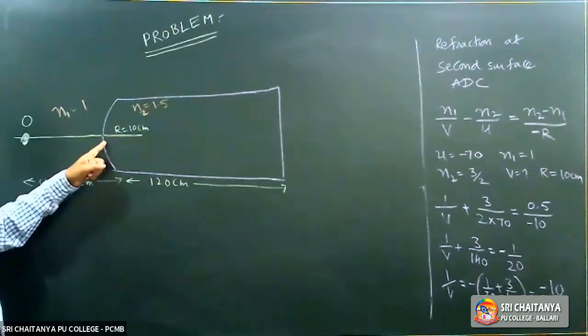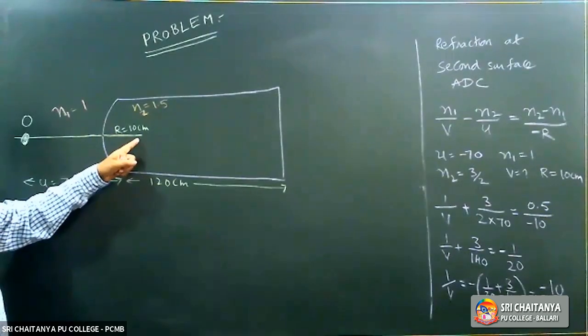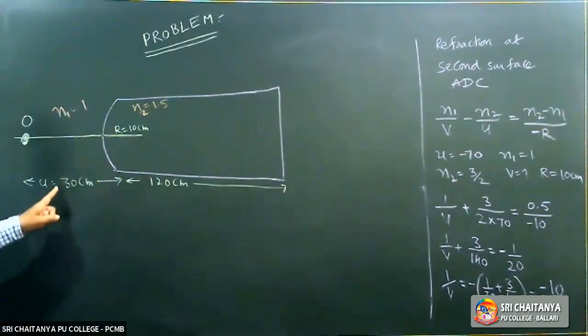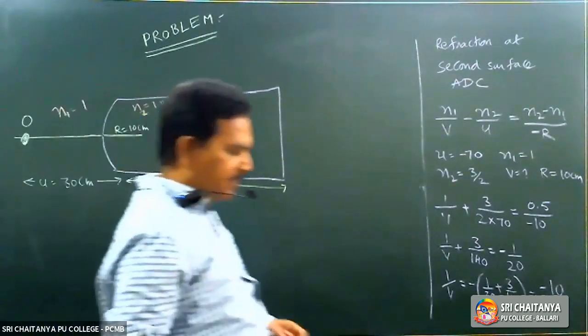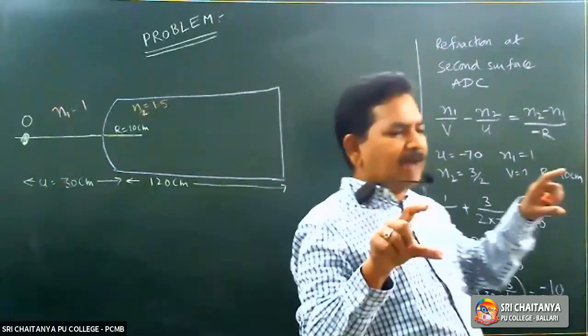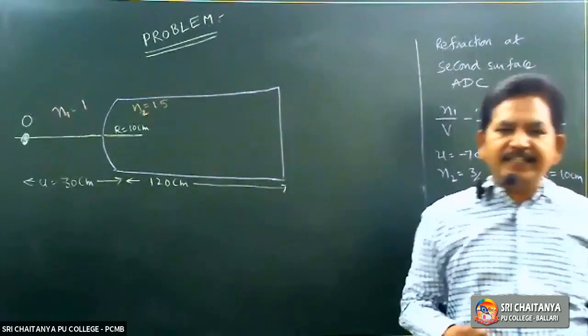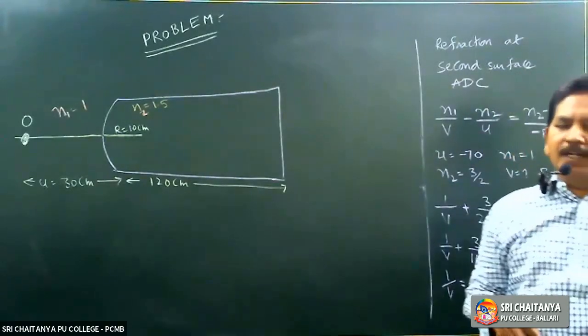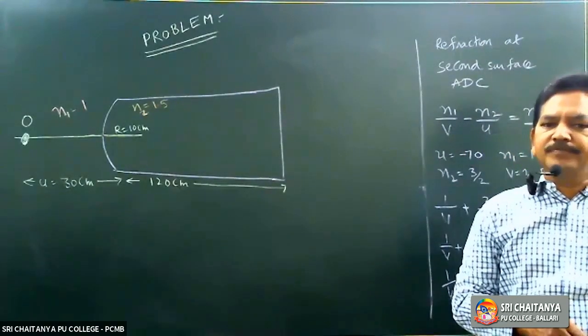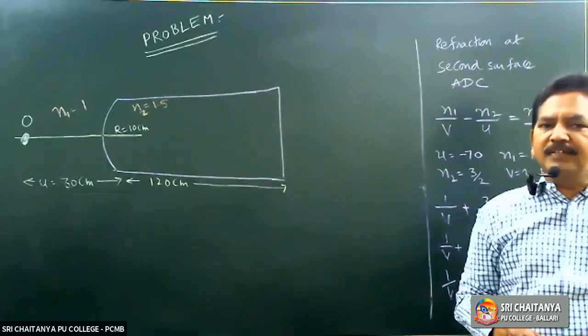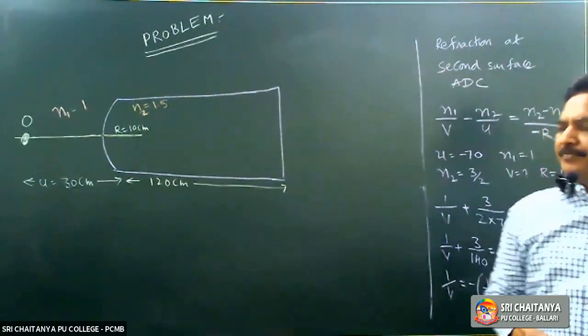Radius of curvature of the spherical surface 10 centimeters. Object distance 30 centimeters. Total length of the glass slab 120 centimeters. Now you are asked to find the position of the final image.